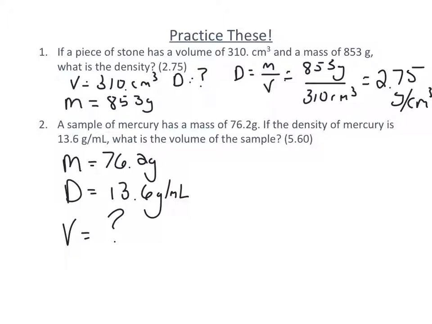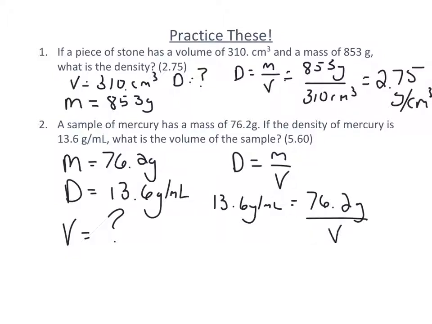So now I'm just solving for something else. I'm still using D equals M over V. My units are okay because mass is in grams and density is in grams. So now I can plug my numbers in. So I get 13.6 grams per milliliter equals mass, which is 76.2 grams, divided by volume.